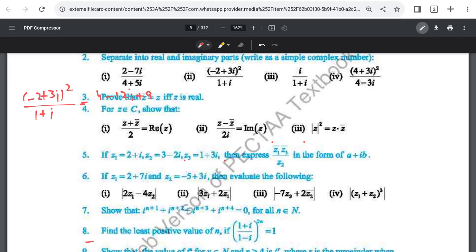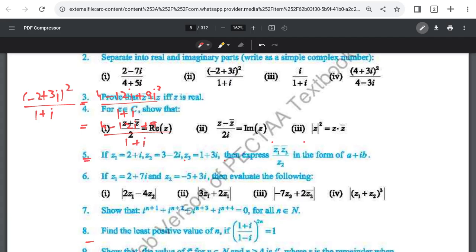This is the formula: a plus b square is equal to a square plus b square minus 2ab or plus 2ab. So this is the formula we use here. Over 1 plus iota. Then next step we have 4 minus 12 iota plus 9 iota square over 1 plus iota.